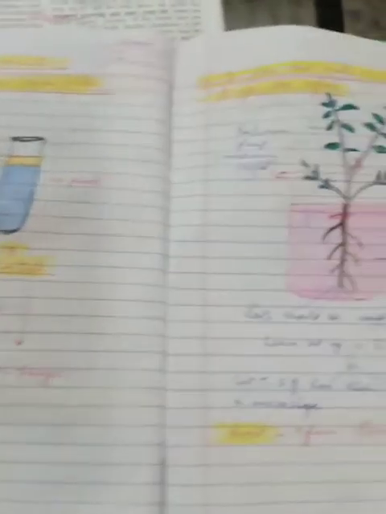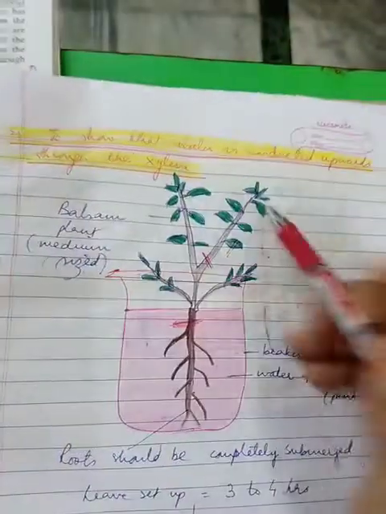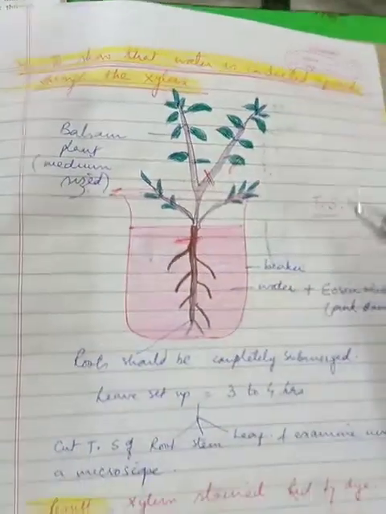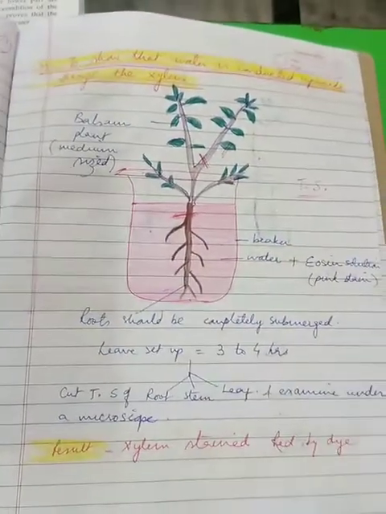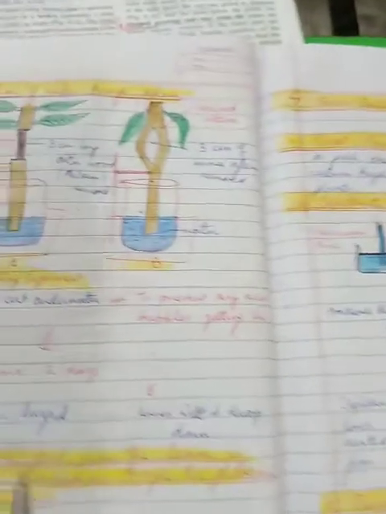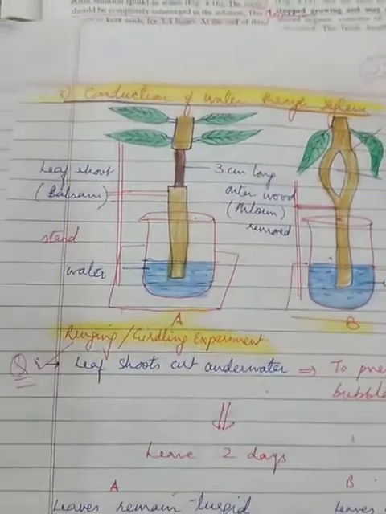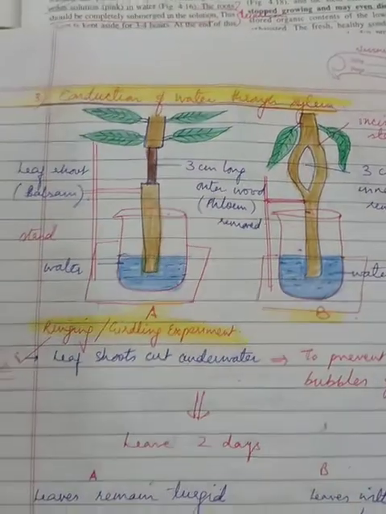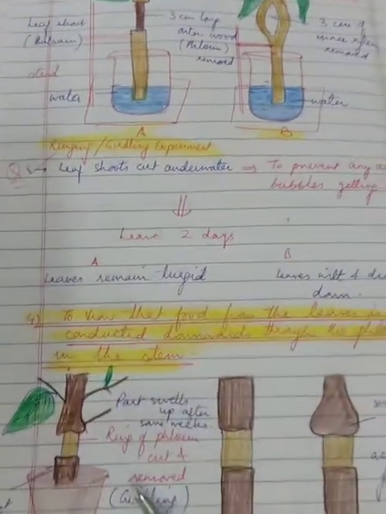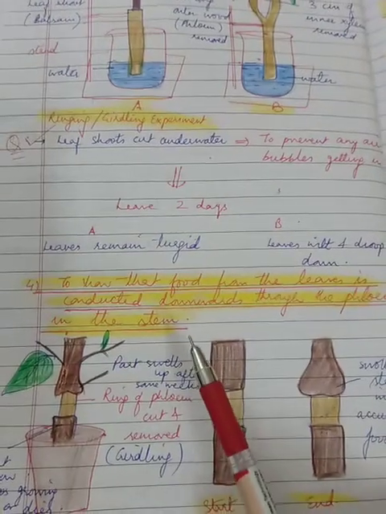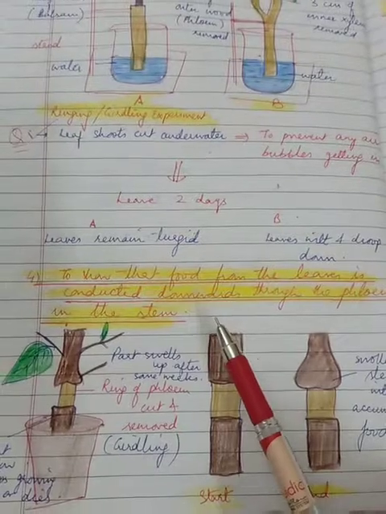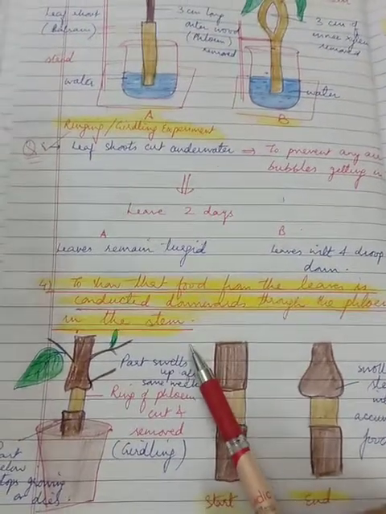Then the second was to show that water is conducted upwards through the xylem using the eosin dye. Then the third experiment was conduction of water through xylem, and the fourth and last experiment was to show that food from the leaves is conducted downwards through the phloem in the stem.